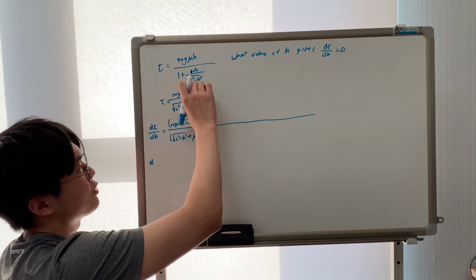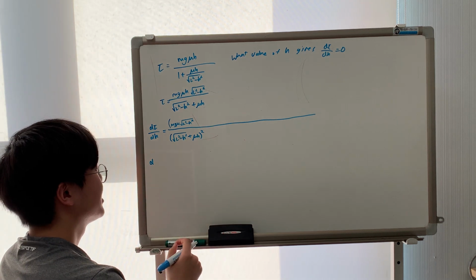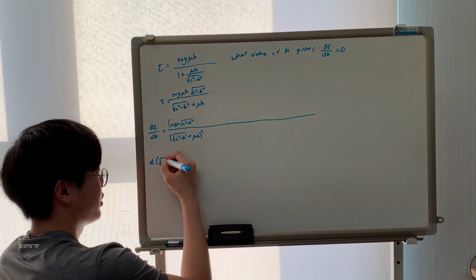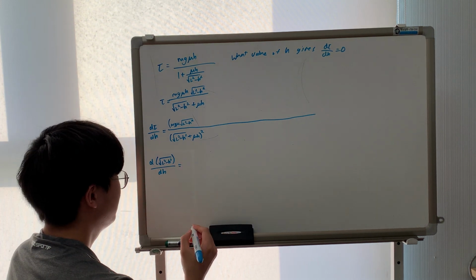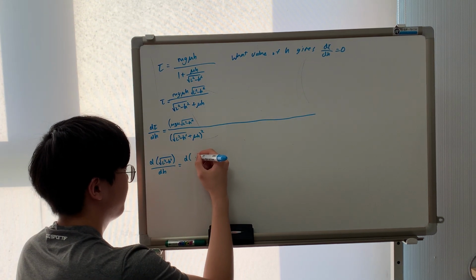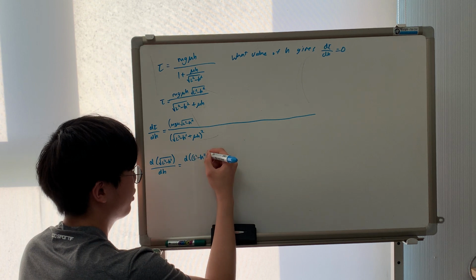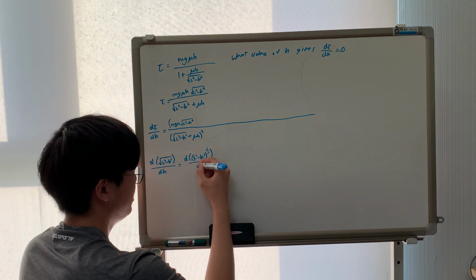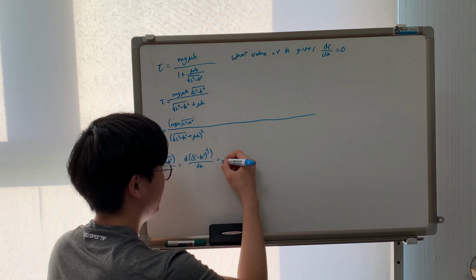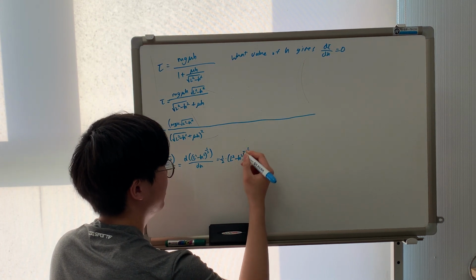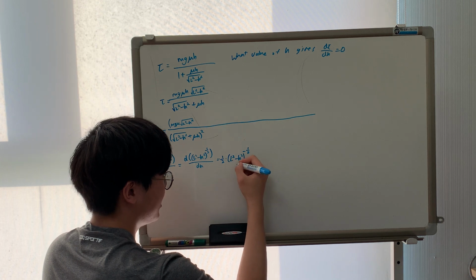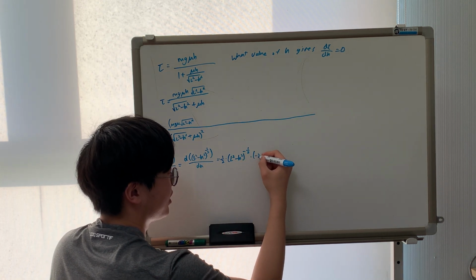So d of square root of L squared minus h squared in terms of h is d of L squared minus h squared to the power of 1/2 dh, which is going to be 1/2 times L squared minus h squared to the power of 1/2 minus 1, times the inside, applying the chain rule, and we get minus 2h.